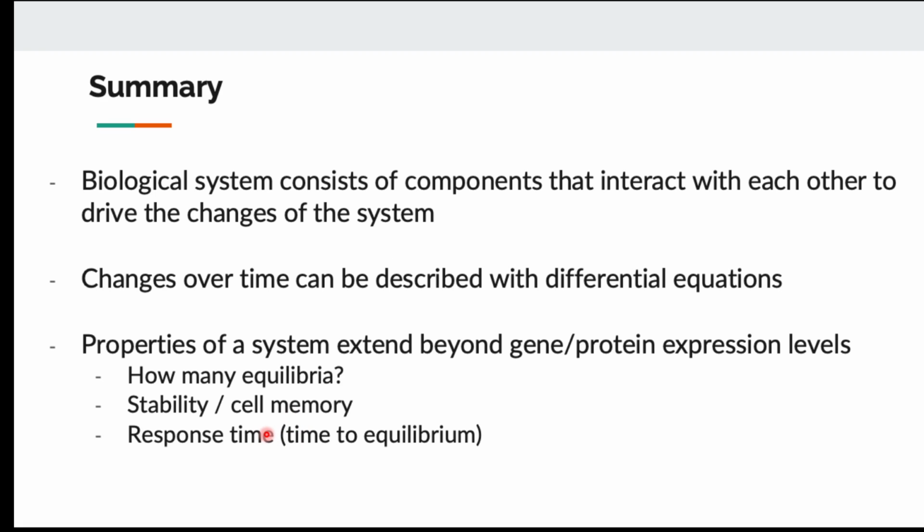Cells reach equilibrium faster. If we don't analyze the system as dynamics over time, we don't see this property. We only see the expression level change, but we don't notice the time it takes for the expression level to change.